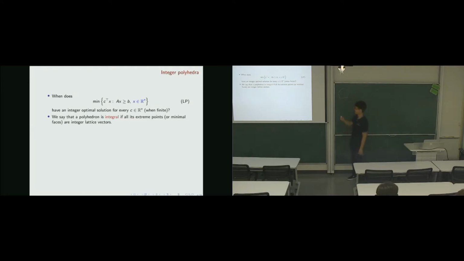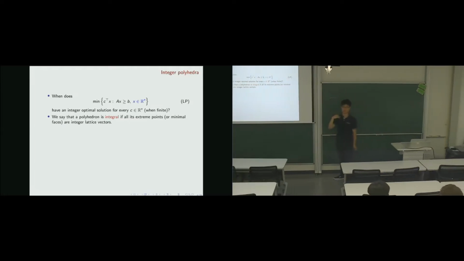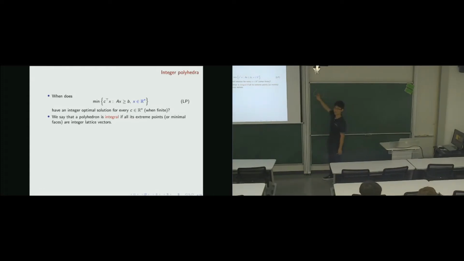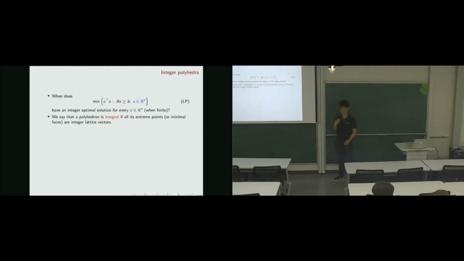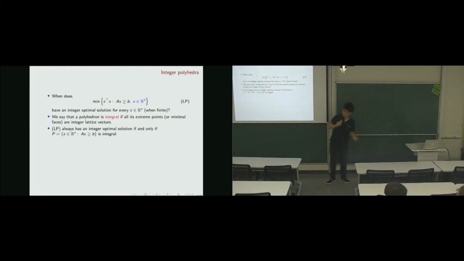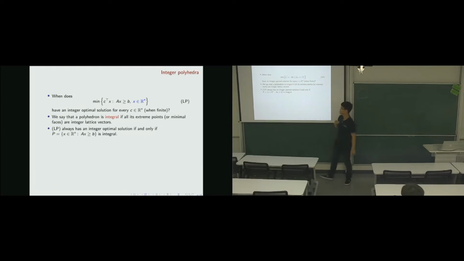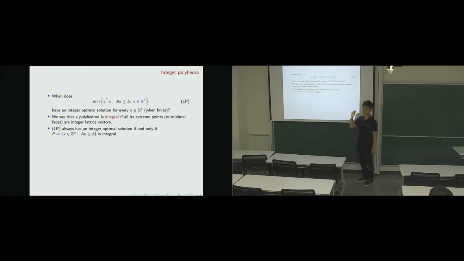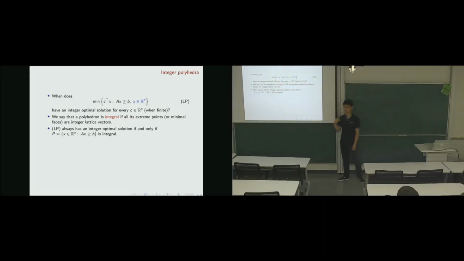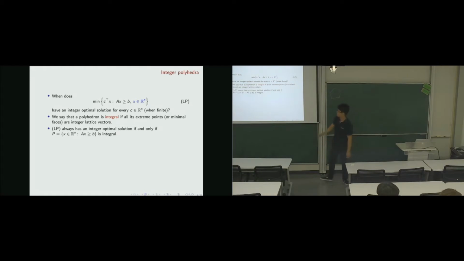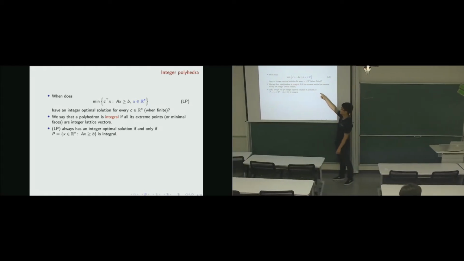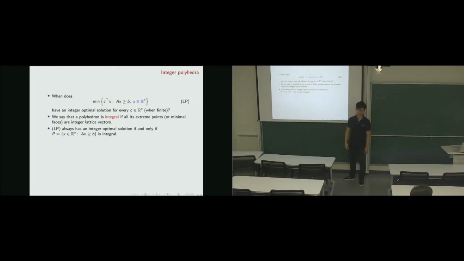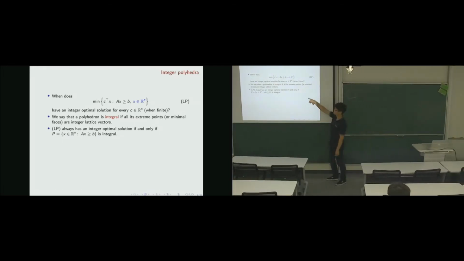And an extreme point is just a vertex of this polygon. This question basically boils down to asking when the polyhedron defined by these linear inequalities is integral. So again, this linear program has an integer optimal solution for all linear objectives if the polyhedron is integral.